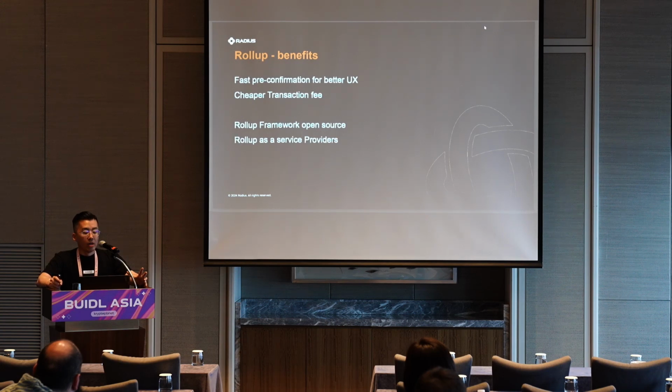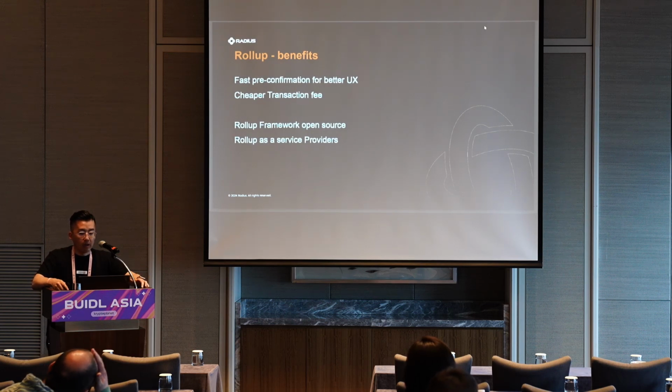This means we can achieve a cheaper transaction fee compared to Ethereum, because many transactions become one transaction for Ethereum, so it's going to be really cheaper, and especially with EIP 4844, the transaction fee is even cheaper with blob transactions.